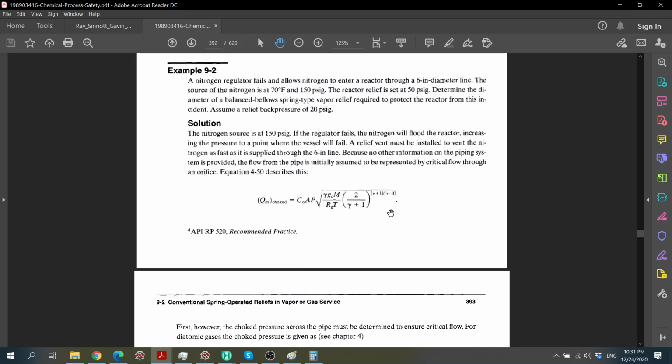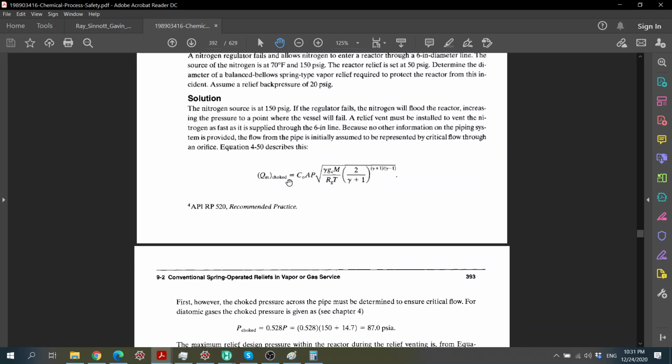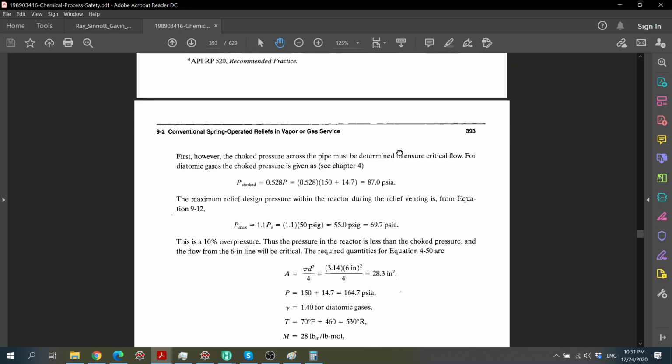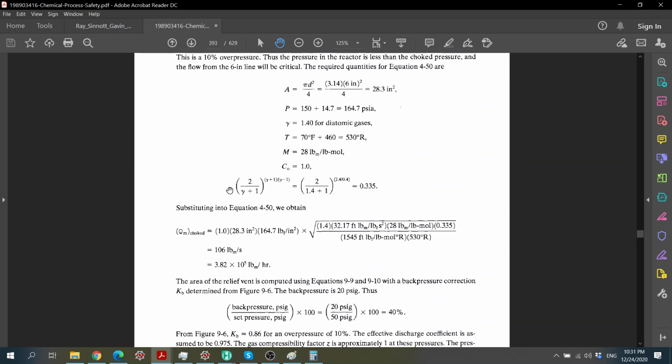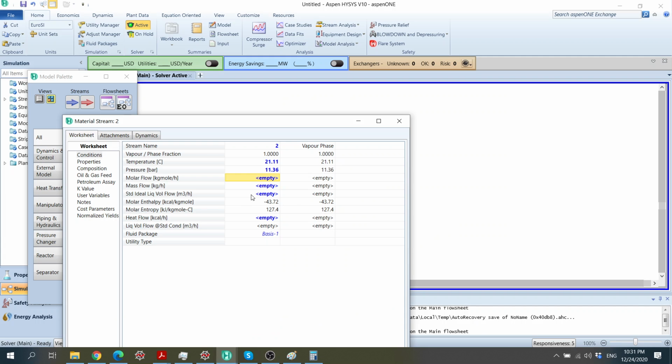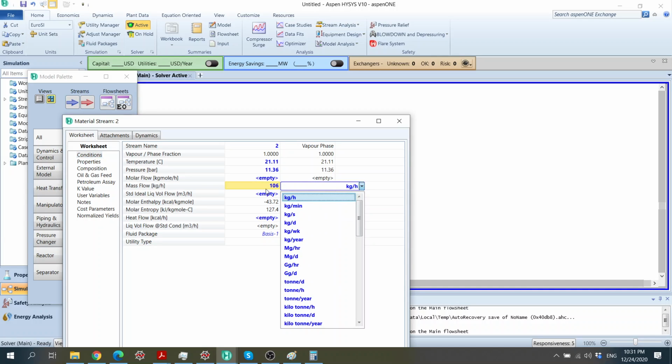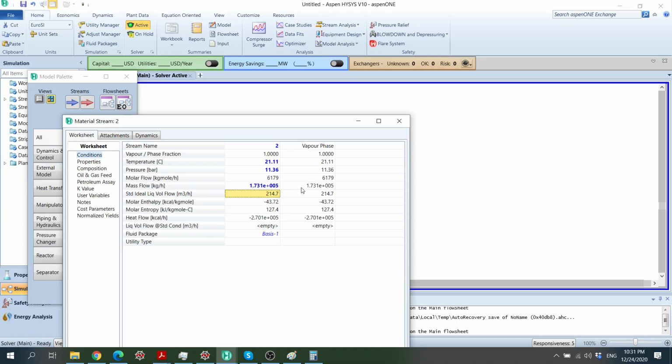So in this case we need to calculate what the flow rate is. So it calculates the flow rate, so it's 106 pound per second.